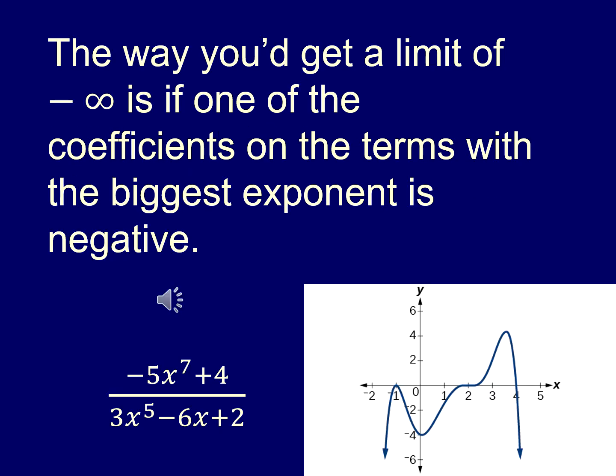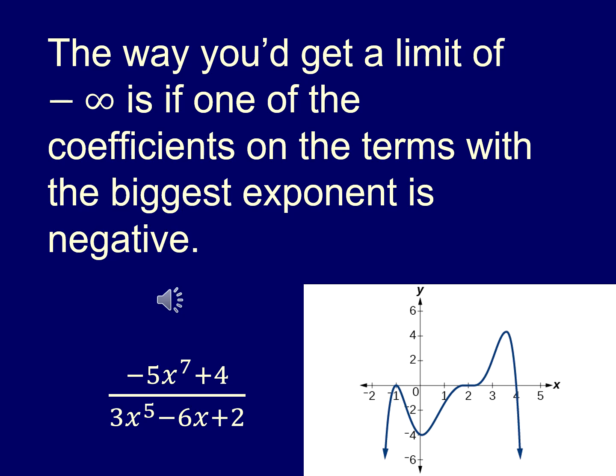I said earlier that you could get negative infinity as a limit. The way that happens is if you have a negative coefficient on that term with the biggest exponent. So like in this problem, I've got negative 5x to the 7th plus 4 all over 3x to the 5th minus 6x plus 2.